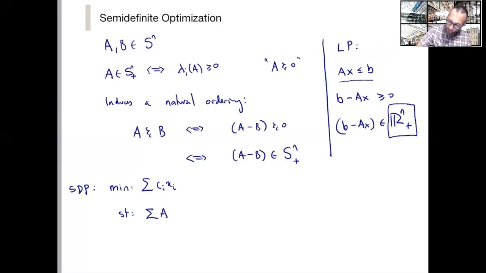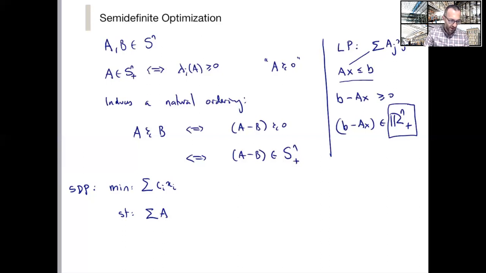What I wanted to write is the sum of the columns times x_j is less than b. I didn't want to write out the rows. I want to write it in terms of the columns. This is what I'm mirroring now.